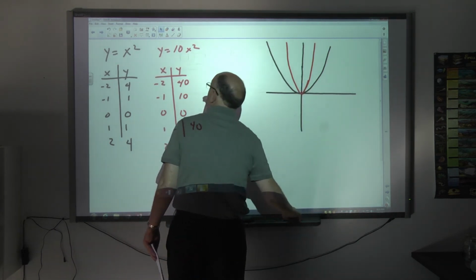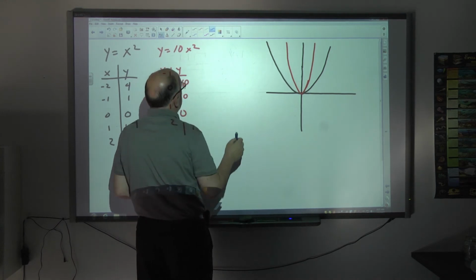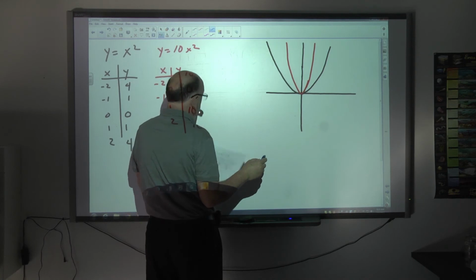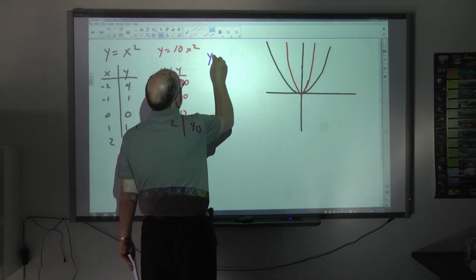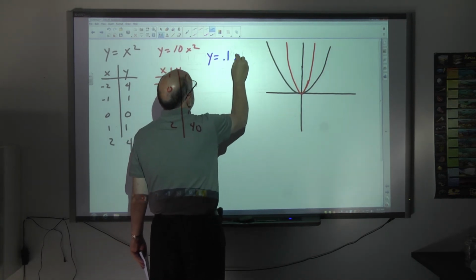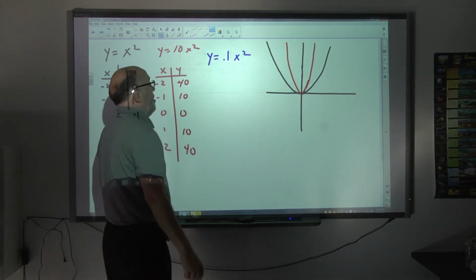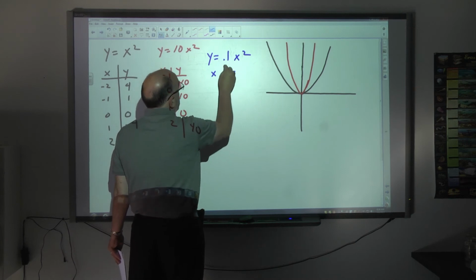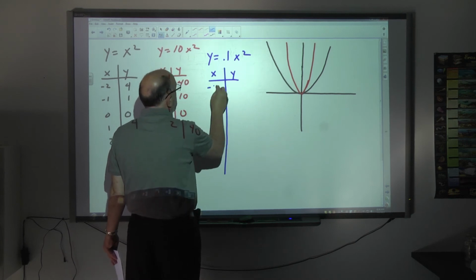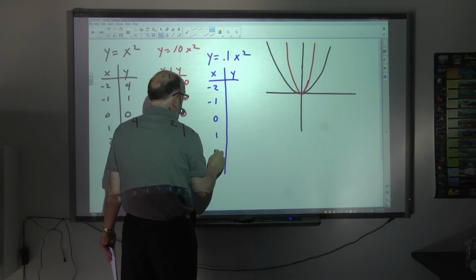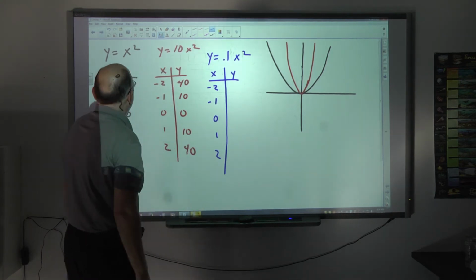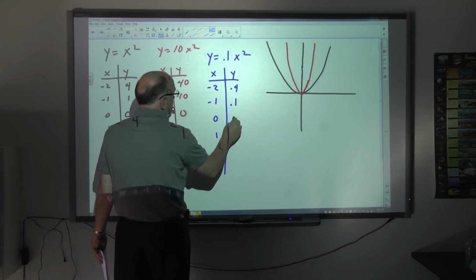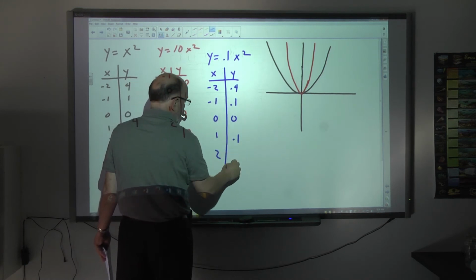And then if I multiply by a number less than 1, again with the same numbers, this is going to be 0.4, 0.1, 0, 0.1.